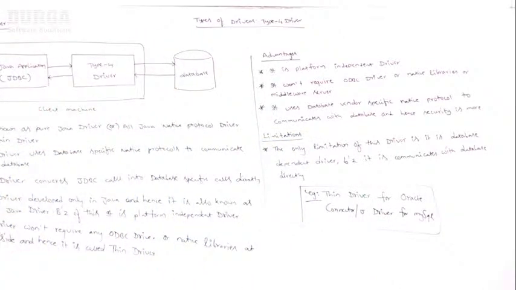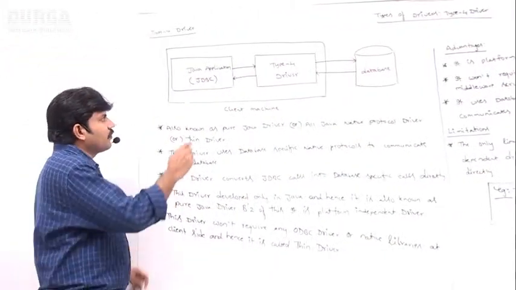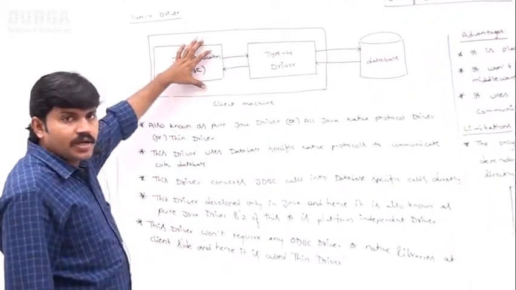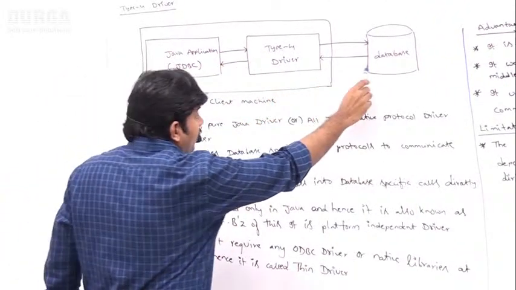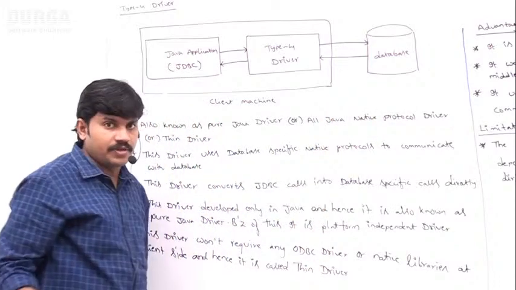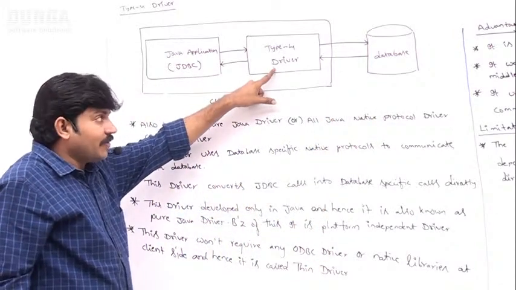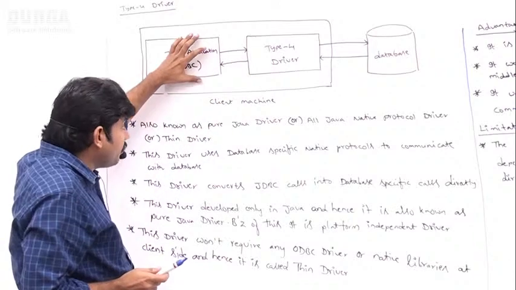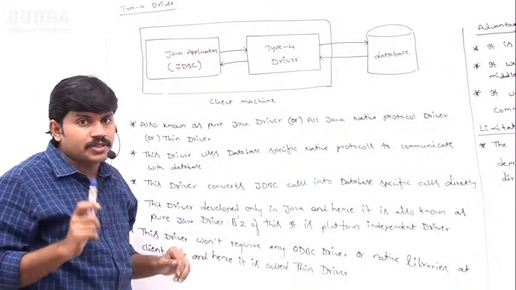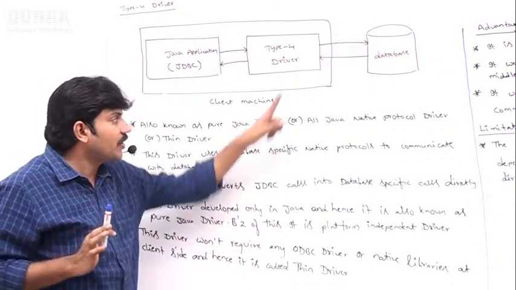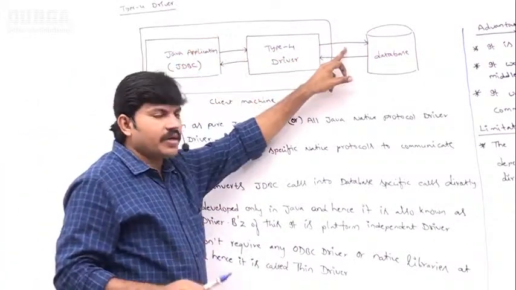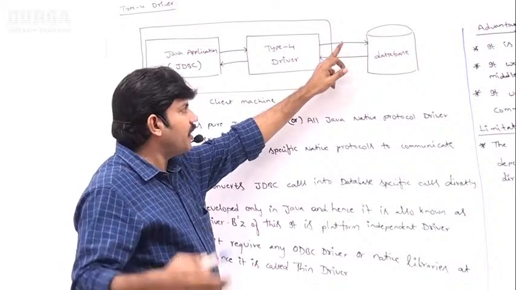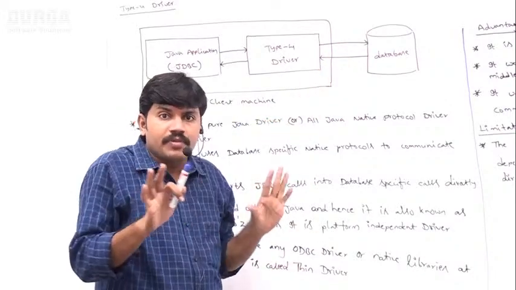This is the architecture of the type 4 driver. The Java application communicates with the type 4 driver. The type 4 driver communicates directly with the database. The type 4 driver converts JDBC calls into database specific calls directly. Are you getting that? It won't require an ODBC driver, it won't require native libraries, it won't require any middleware server.